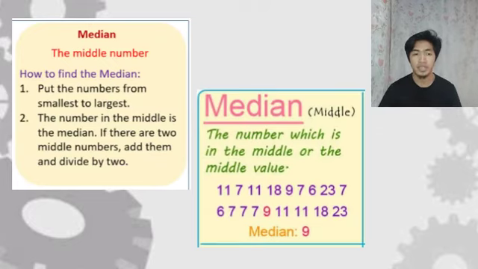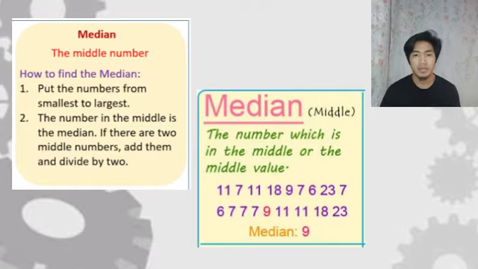Median is calculated as shown, where n is the number of values in the data. If the number of values in the data set is even, then the median is the average of the two middle values. So, may dalawang condition dito sa pag-solve natin sa median. Unang-una, if yung number of observations natin is odd number, so which is odd number is 1, 3, 5, 7, ang hanapin lang natin is yung pinakagitna, then automatically yun na yung median natin.